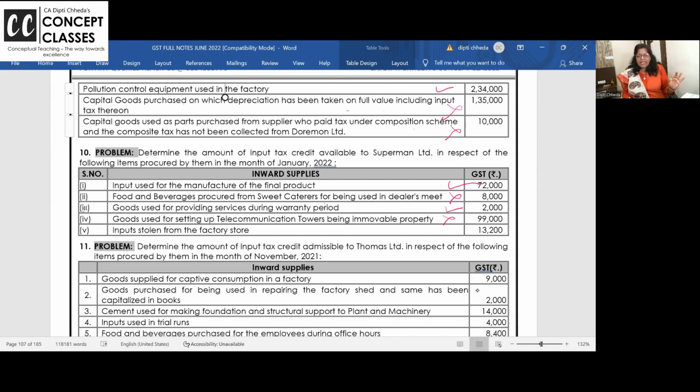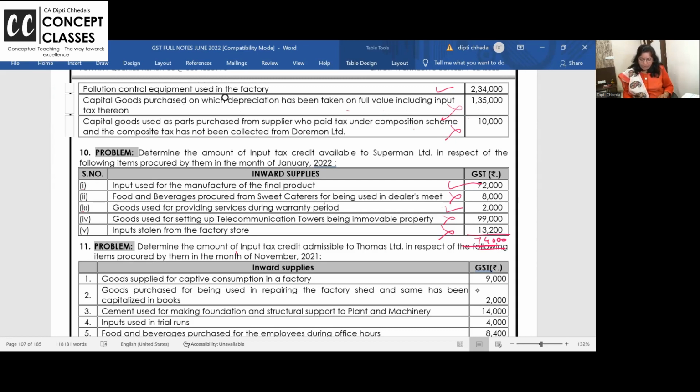Immovable property nahi allowed hai. Plant and machinery is. Inputs stolen from the factory. If inputs are stolen from the factory, you will not avail ITC, and if you have availed, you will reverse it. Theek hai? So only on these two it will be allowed, and the answer is 74,000. Will you be able to write it in the notebook?